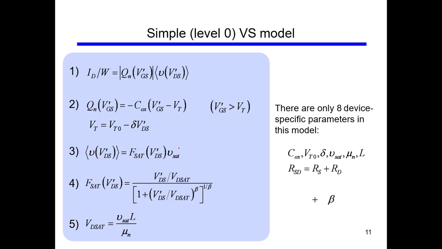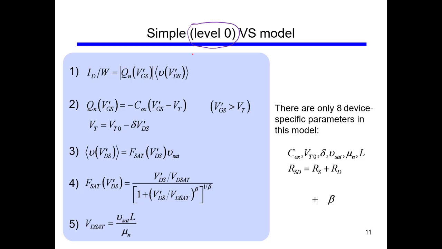Now you see here it is written level 0. So level 0 because this is the first version of the virtual source model, and there are different phenomena that occur in very latest technology transistors that may not be included in this simple model.